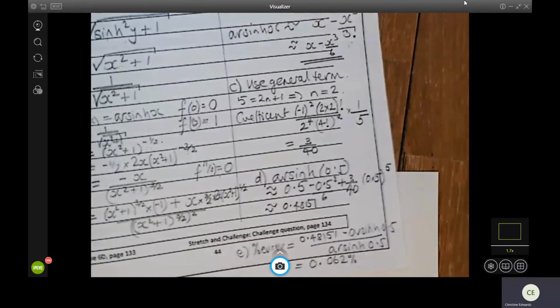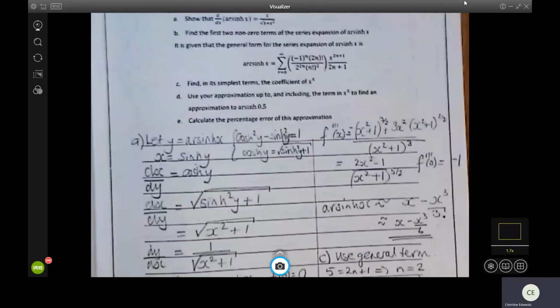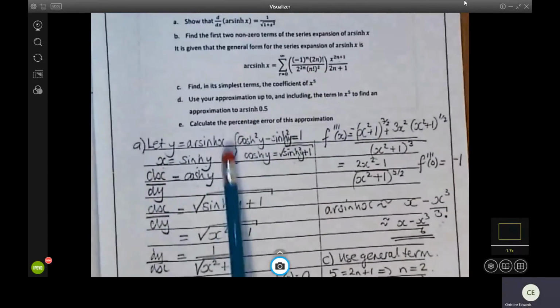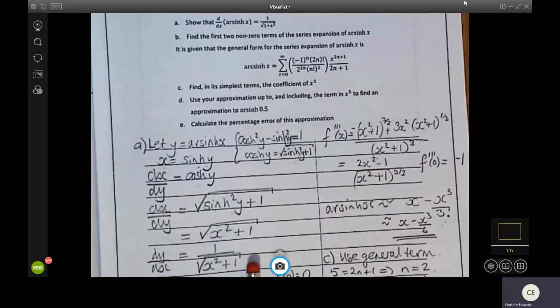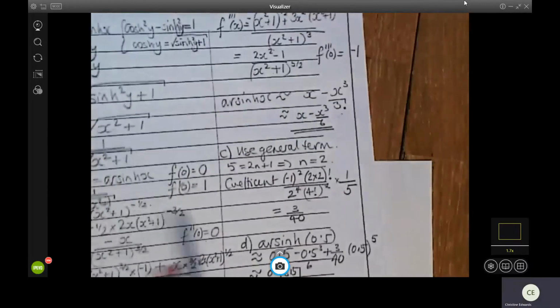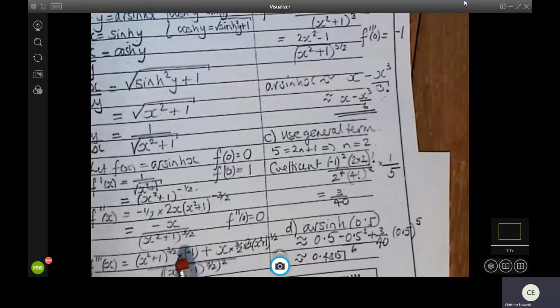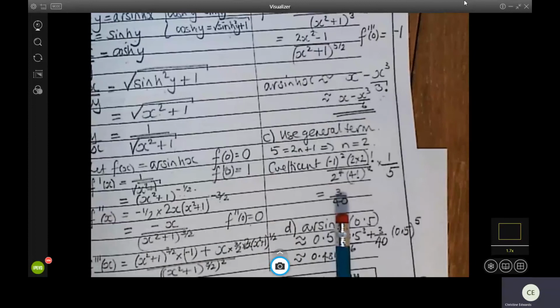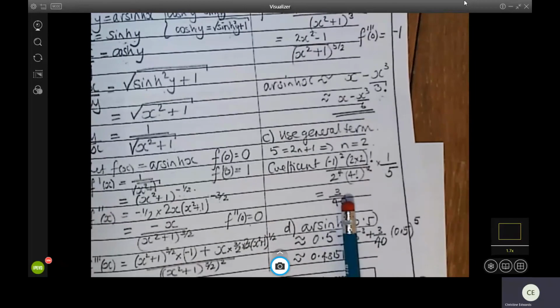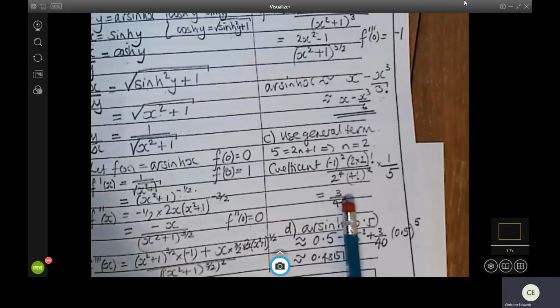So that question has shown us how to derive the result for the differentiation of an inverse hyperbolic trig function, and then has asked us to use it in the context of a Maclaurin's expansion, including the use of the general term. So that's hyperbolic differentiation.